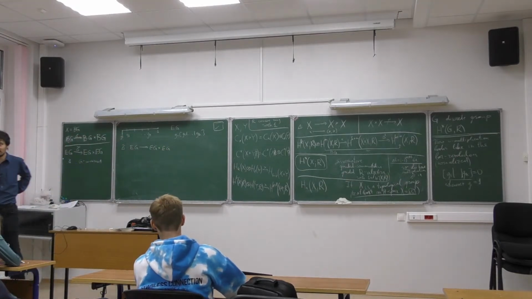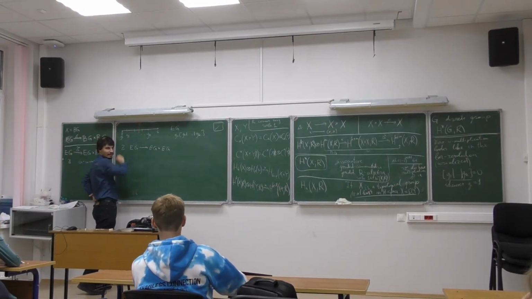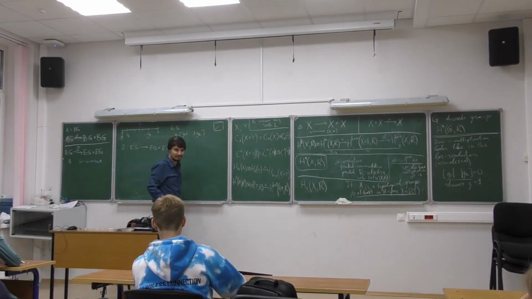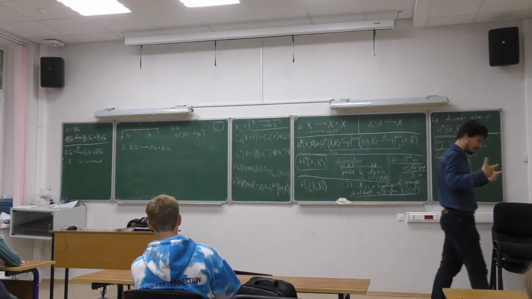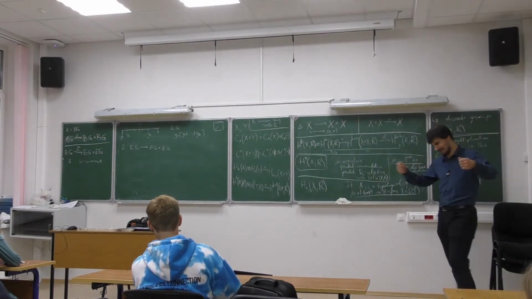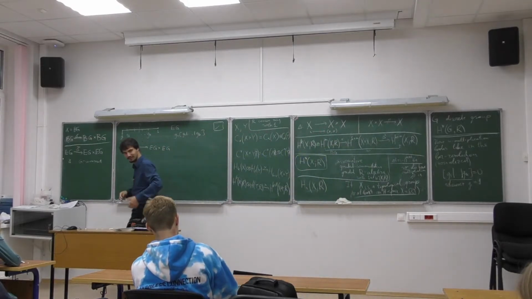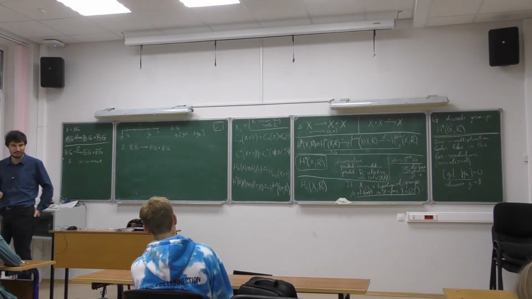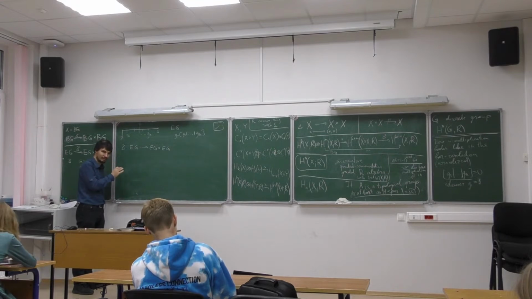A natural idea is to divide our segment into two segments, just divide it at 1/2 and separate it into two segments. And then make a homotopy of each of them to get, again, the segment [0, 1]. So, question: is it a good mapping?